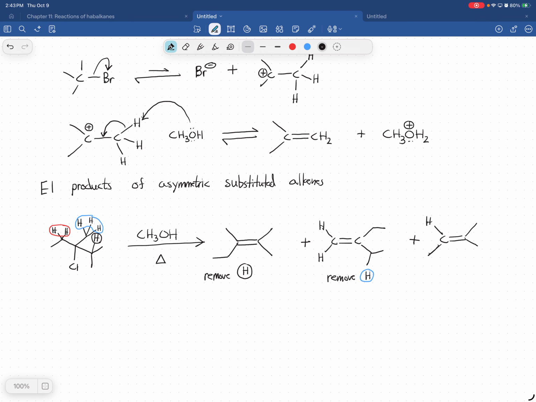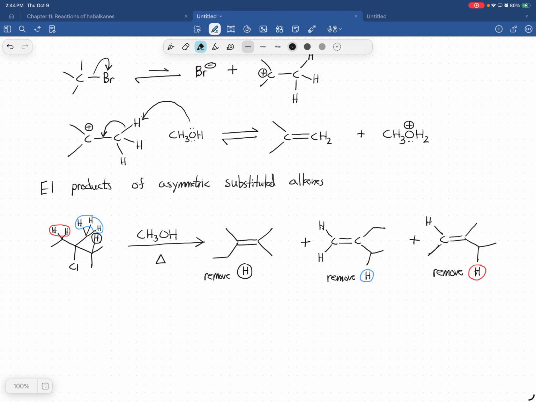Boom. So it looks like we removed this group here. Oh, but if we add a hydrogen here, CH2, CH3. So this is from the ethyl group. So this is if we remove the red hydrogen. This one. All right, so we get 3 different alkenes.